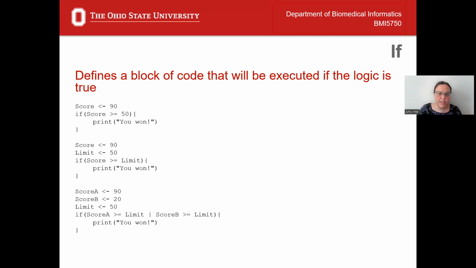And as you're coding, if you just highlight score greater than or equal to 50, you can run just that part and it will return true or false. And that's how you can kind of guess, is this if statement going to run or not? I mean, in this simple example, we know.